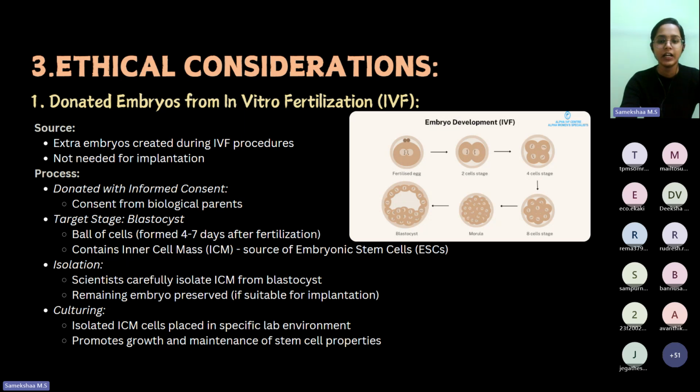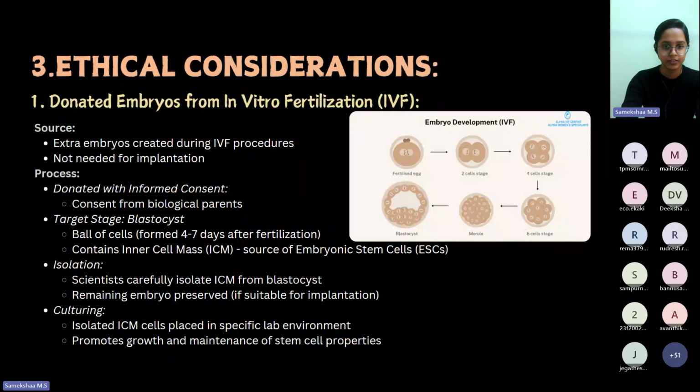Now, the fertilized eggs, which are also called as the embryo, are monitored for cell division and development over the next few days in a controlled environment. After few days, usually 3 to 5 days later, one or more healthy embryos are chosen to transfer into the woman's uterus.